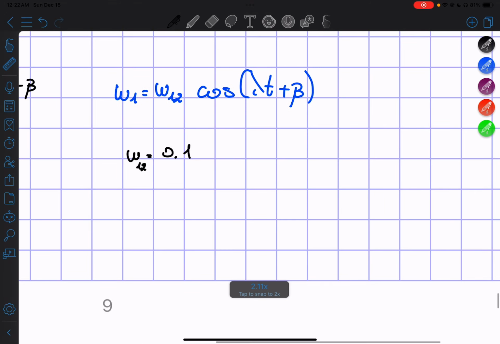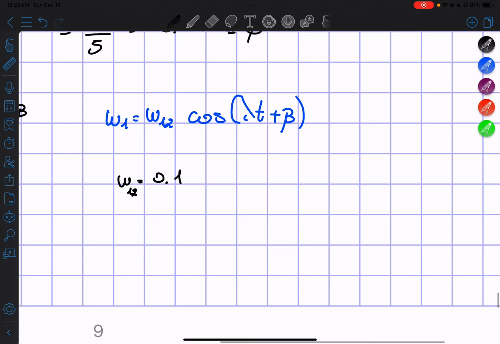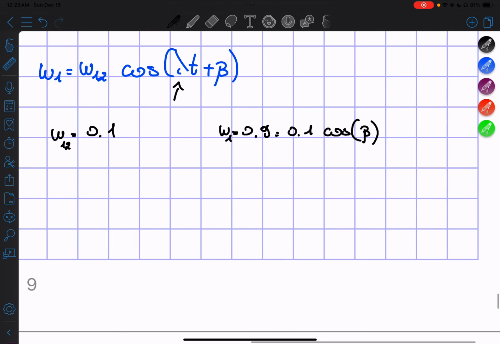Then at time 0, this one has to go to 0. And what is the value of omega 1 at time 0? Well, it's equal to 0.9. So omega 1 is equal to 0.9, which is equal to 0.1 times cosine of beta.